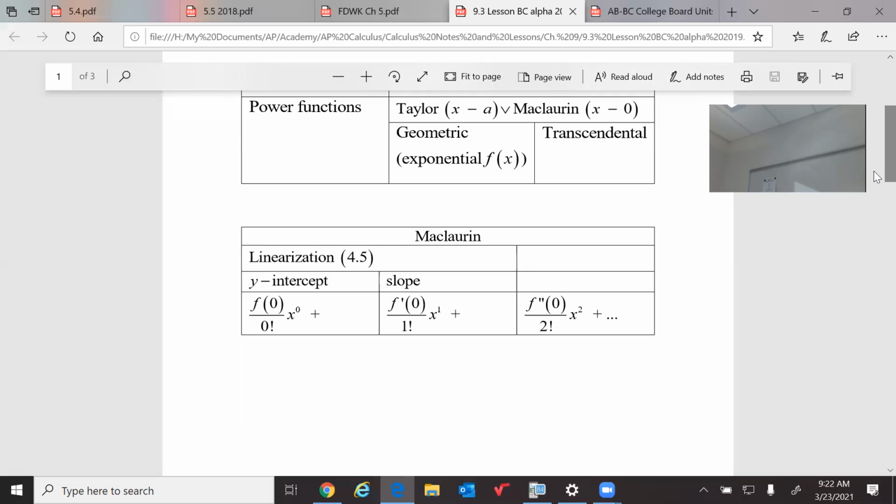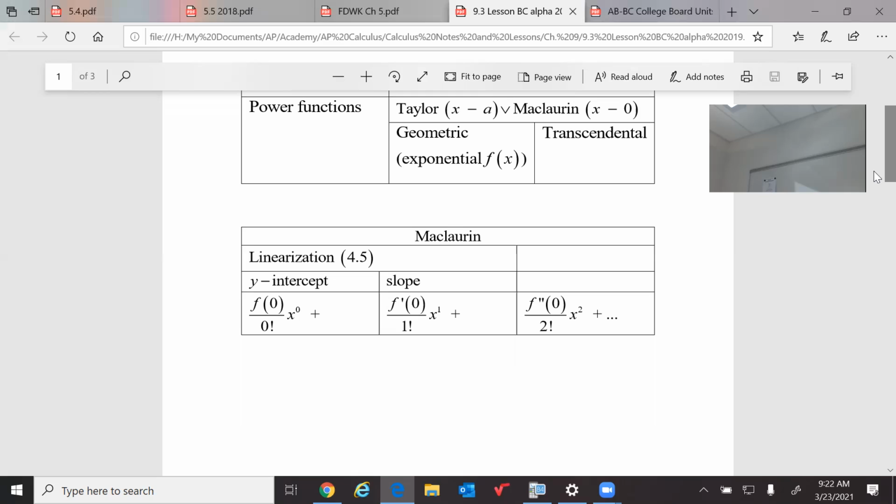But how is that related to what you're doing here? Well, this is what you're doing. The y-intercept is f sub 0 over 0 factorial x to the 0. That's your intercept. The slope is the value of the derivative times x over 1 factorial.